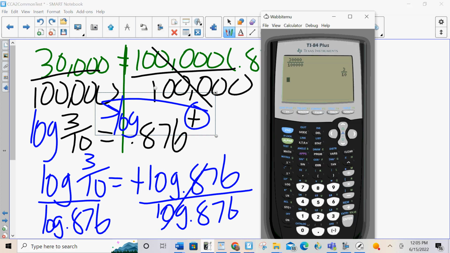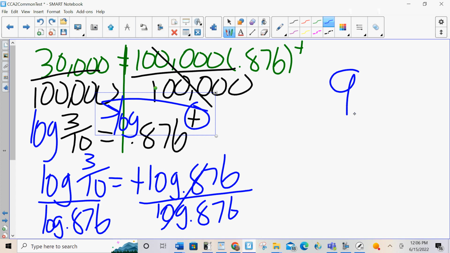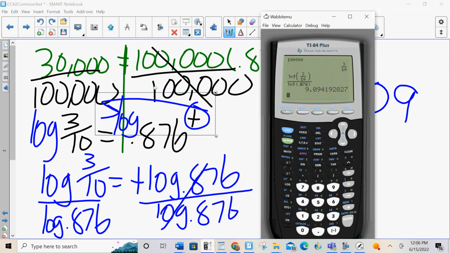Go to the calculator: log of 3 over 10, over log 0.876. And I get, to the nearest hundredth, 9.09, which is what I got when I did alpha y equals enter. I just didn't write it down.